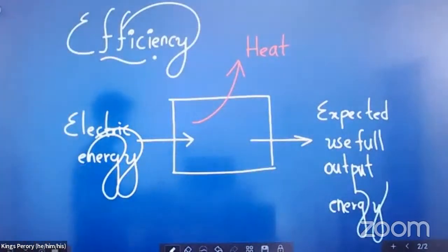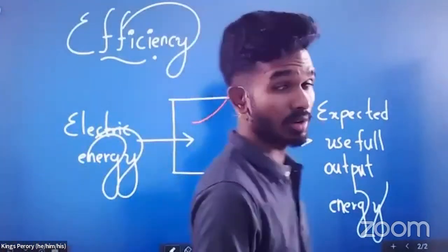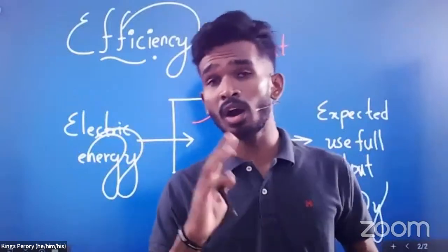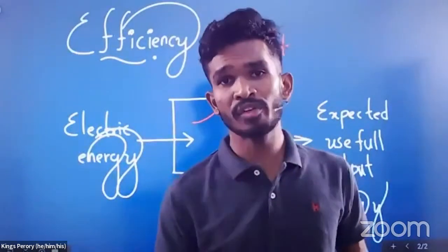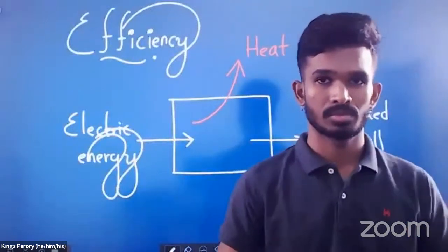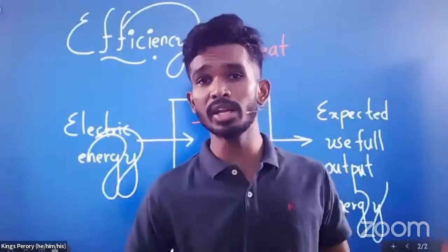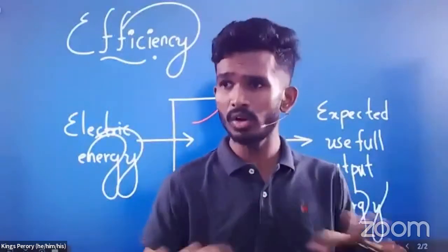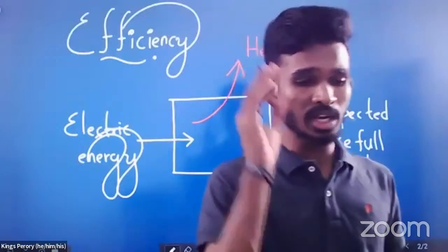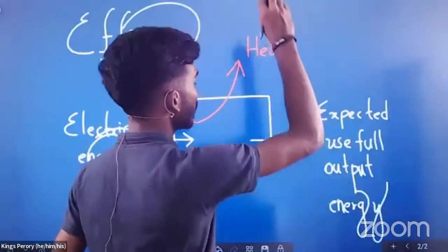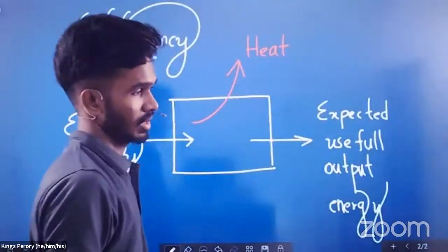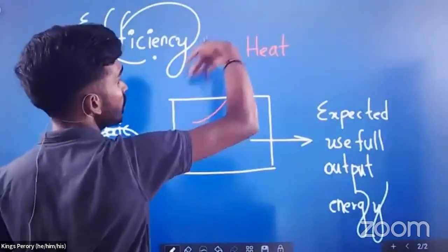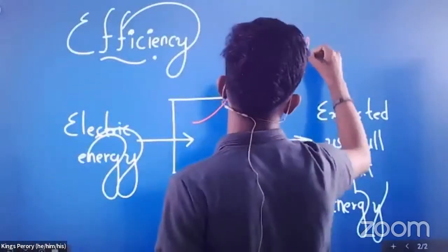Yes, sir. That means heat energy is released there. Do we expect heat energy from a television? No. Our expected useful output is light energy and sound energy, but certainly it produces some heat energy. That is a loss.